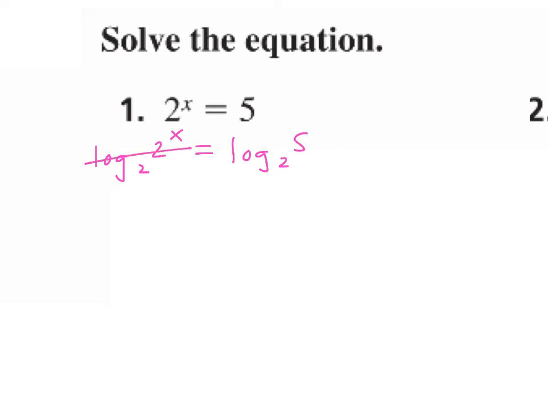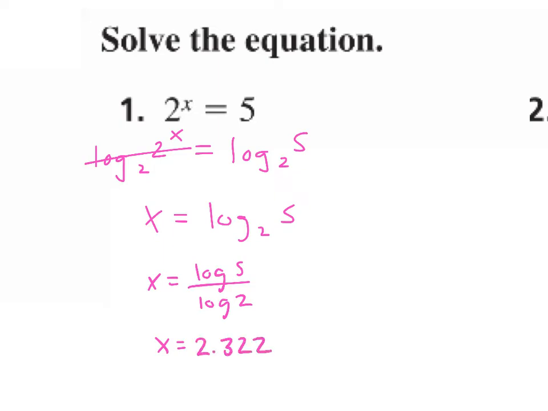So the log base 2 of 2 cancels, and x is equal to log base 2 of 5. Yep. So x is equal to log of 5 over log of 2. What'd you get when you put it in the calculator? Any questions on this one?